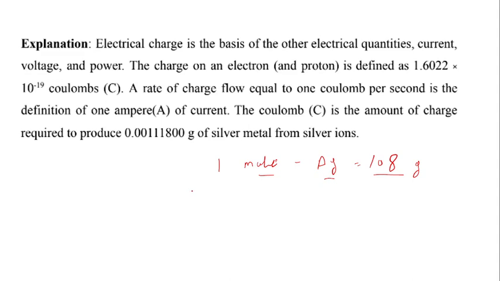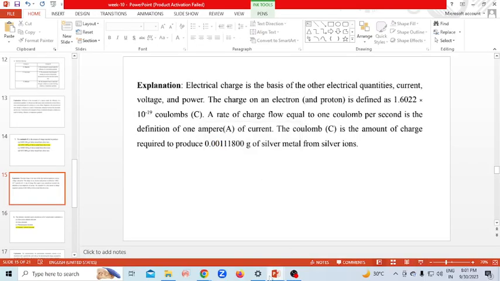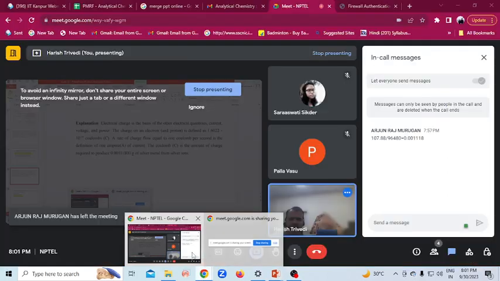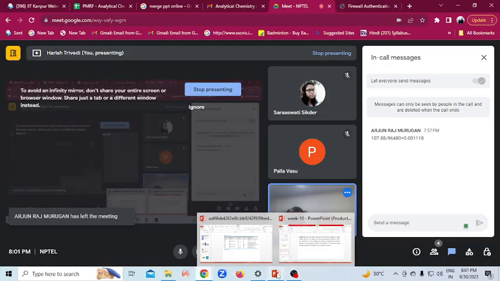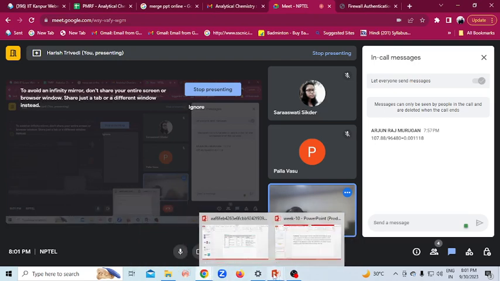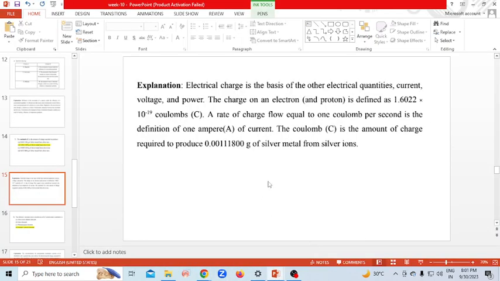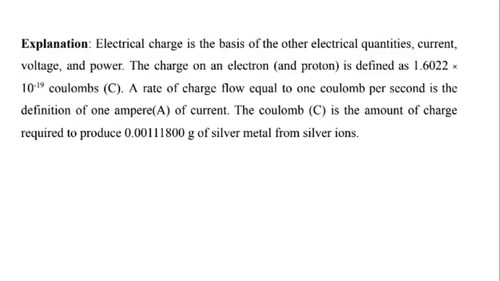So this amount of silver is what is required.